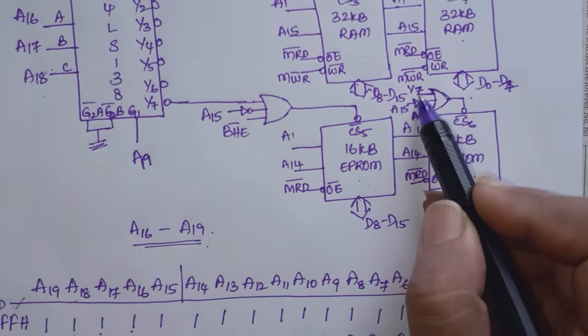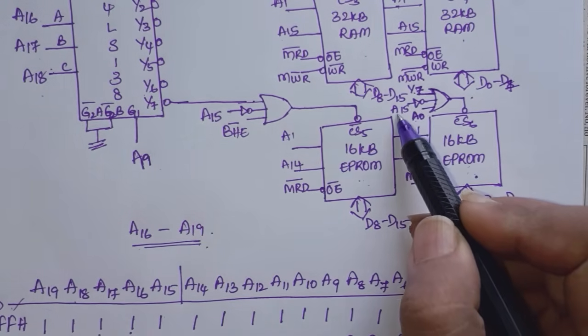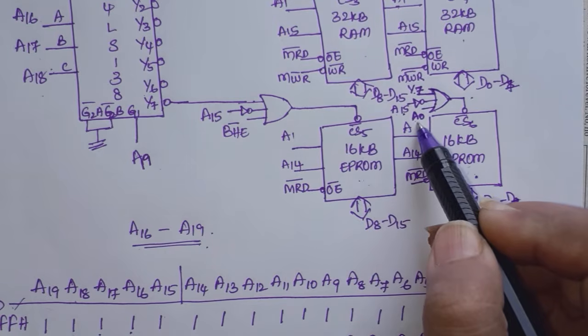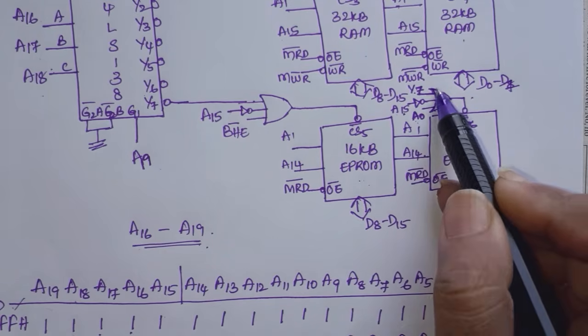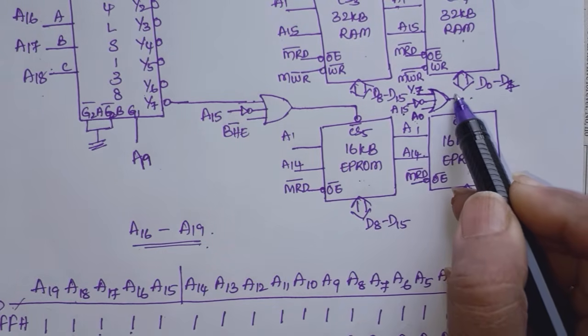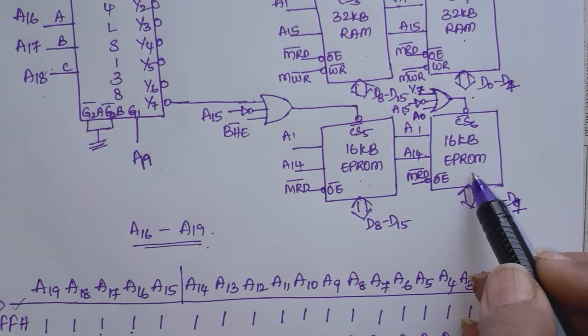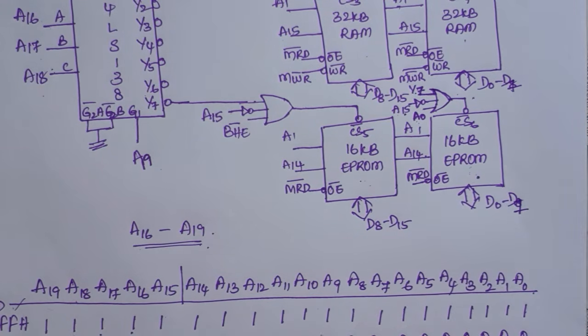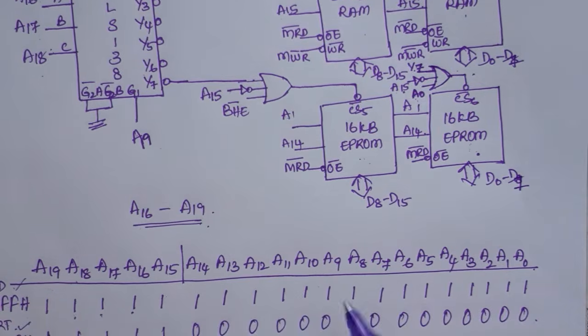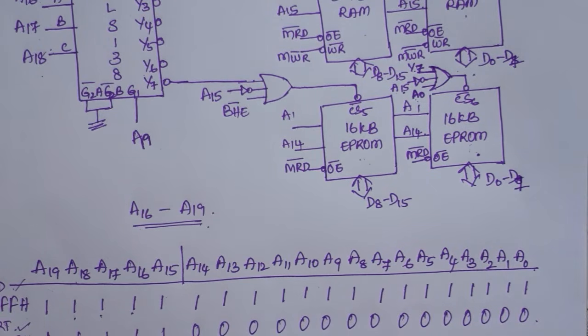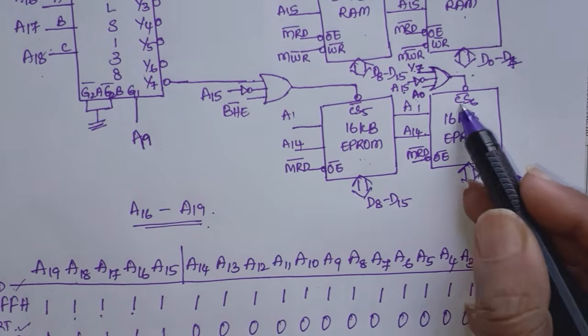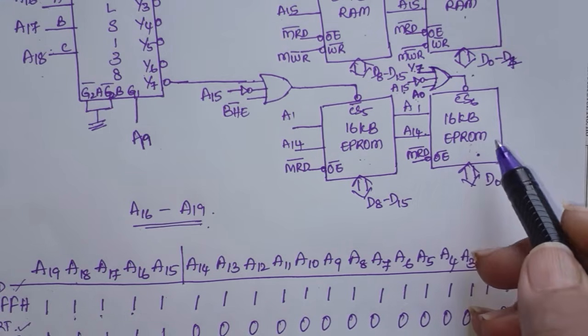So when Y7 is low, A15 is high and A0 is low, the OR gate output will be low and this chip will be selected. So when an even address is placed on the address bus and the address is in the range of these addresses, then one location from this particular chip will be selected.